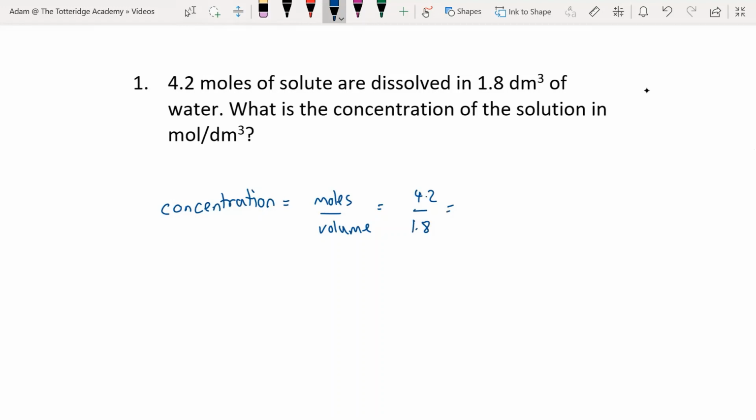Punch that into your trusty calculator, and that will give you 2.3 recurring. So let's go for 2.33 moles per decimetre cubed.